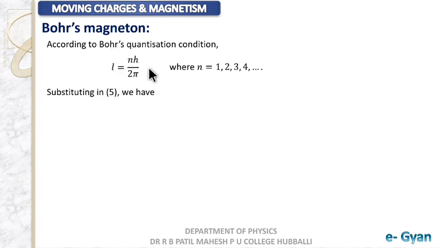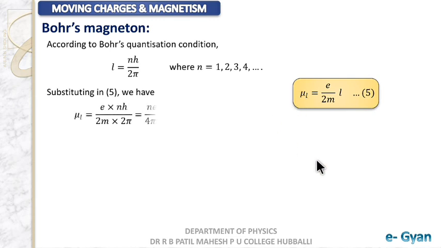Substituting this value in equation 5, in this equation we get mu L is equal to e into nh divided by 2m into 2 pi. Finally, when we write it, we get neh divided by 4 pi m. So this is the value of the magnetic dipole moment of an electron in Bohr's orbit.